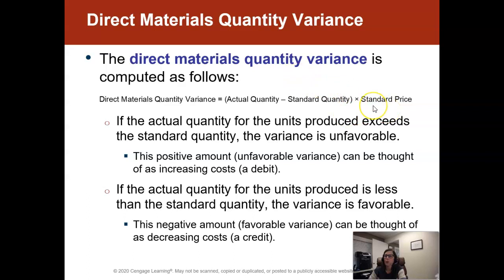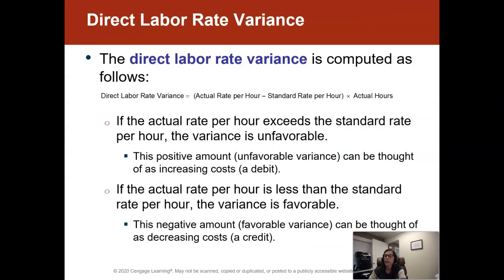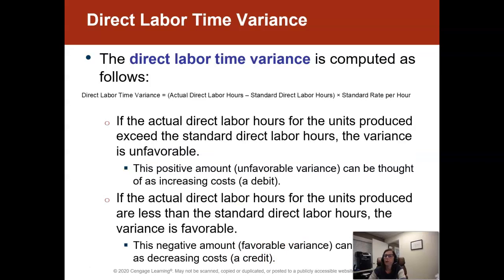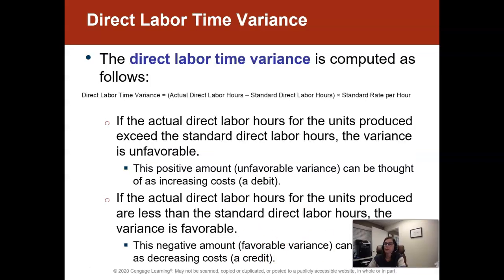When we are looking at labor, we multiply by the actual hours, not the standard hours we had anticipated. Again, an unfavorable variance means increasing costs, and that would be a debit. Favorable is decreasing costs because we did better, and that would be viewed as a credit.